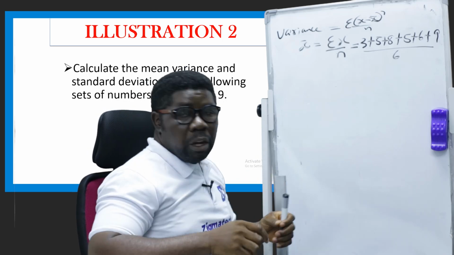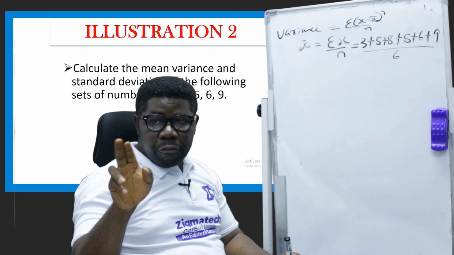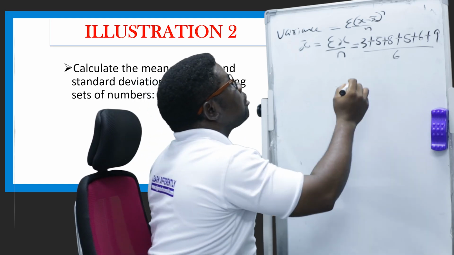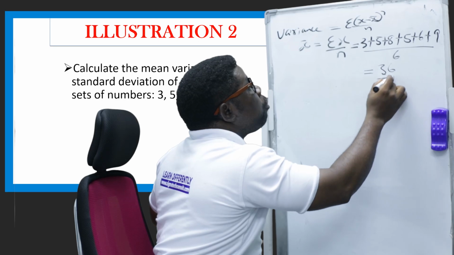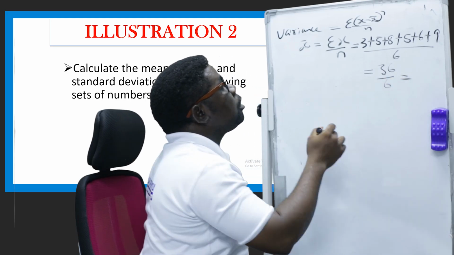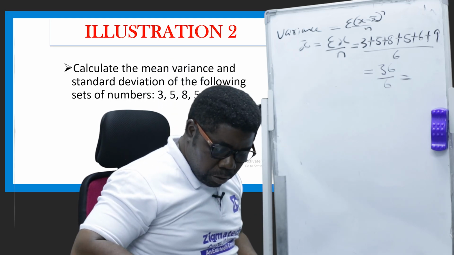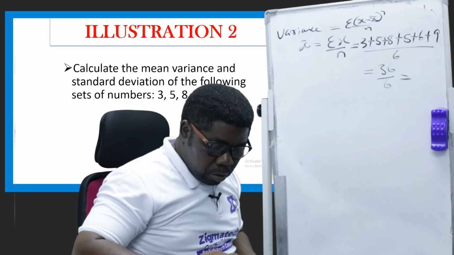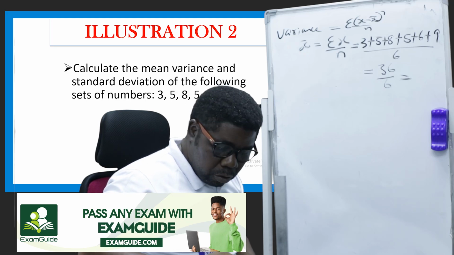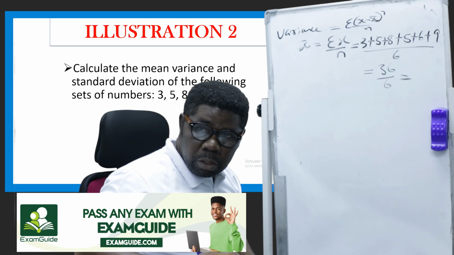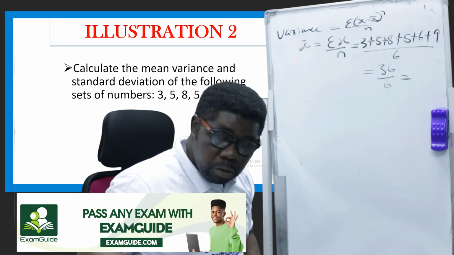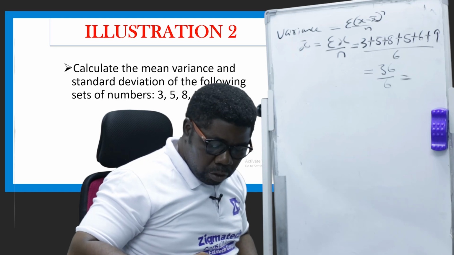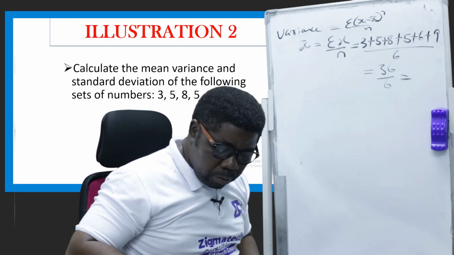The sum is 36, so we have 36 over 6. Dividing 36 by 6 gives us 6.